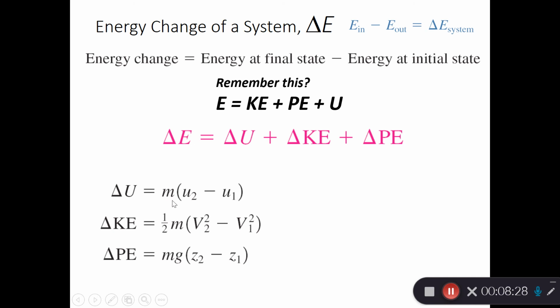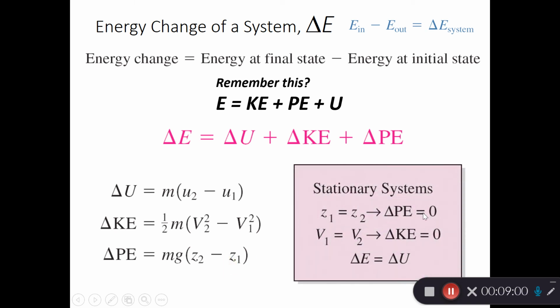Multiply with mass, and you get the total internal energy. KE is the same thing, half m v squared, just like in the question you saw in the previous video. PE is also similar. Please be mindful that KE and PE will give you the answer in joules only, so you still need to divide by 1000 to get kilojoules.